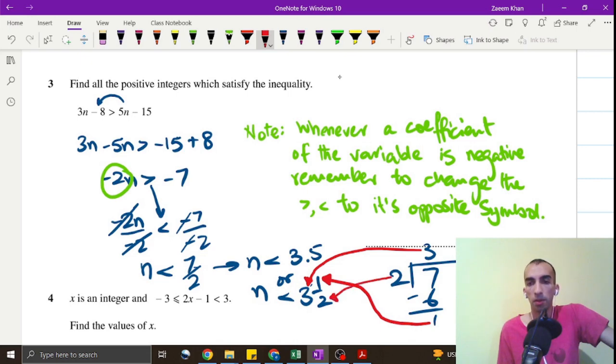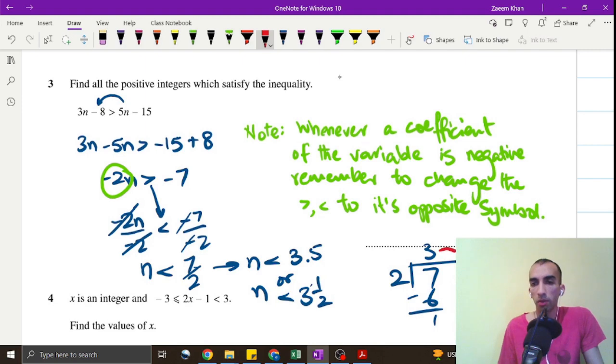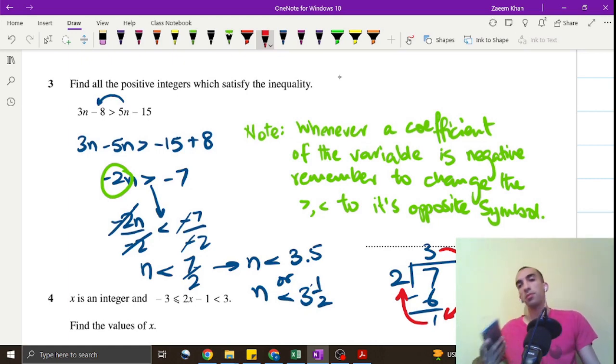In the denominator. So if I were to draw a flow chart, this is what it would look like. 3 whole 1 by 2 goes in a clockwise manner. Is this making sense? Perfect.